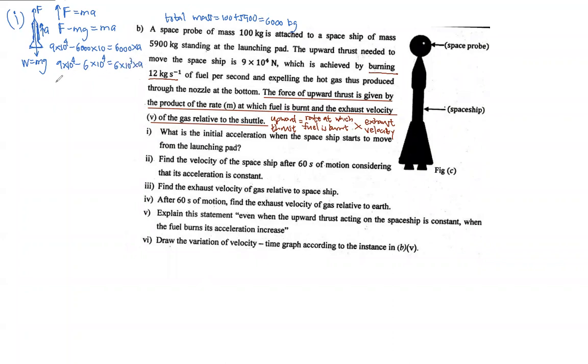On the left side, it's going to be 3 × 10^4 equal to 6 × 10^3 × a. Therefore, for a, instead of 3 × 10^4, I will write 30 × 10^3 over 6 × 10^3. I am getting an answer of 5 m/s². So I hope everyone got it: 5 m/s².